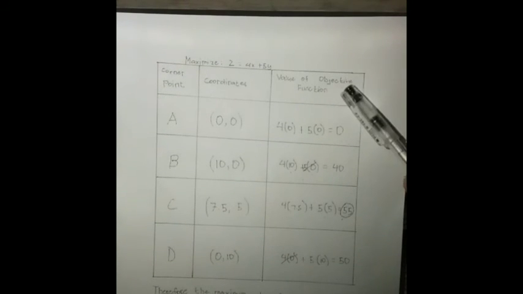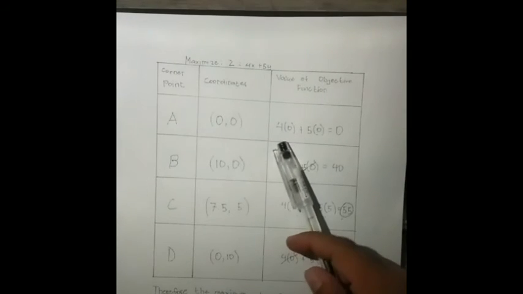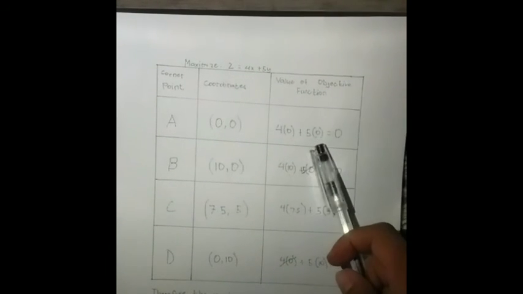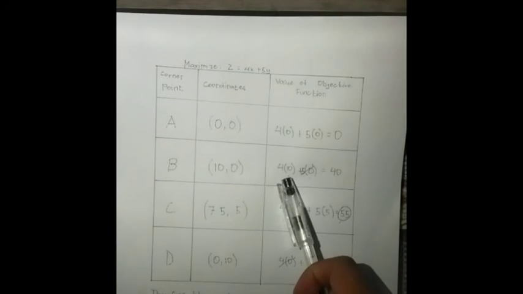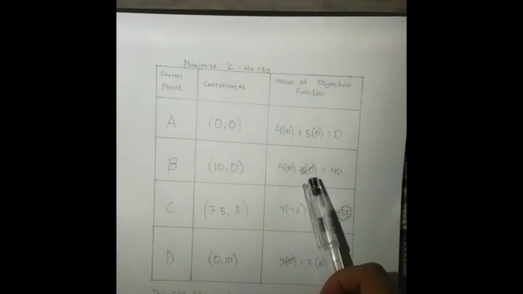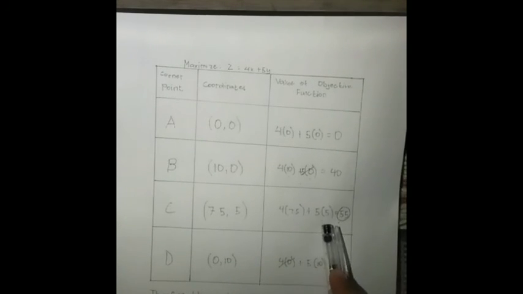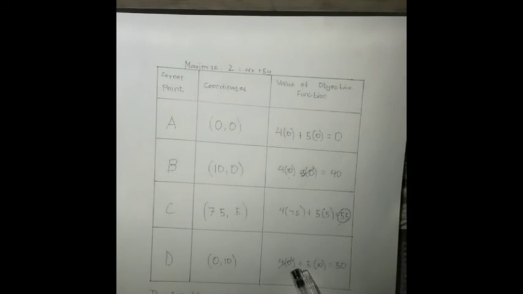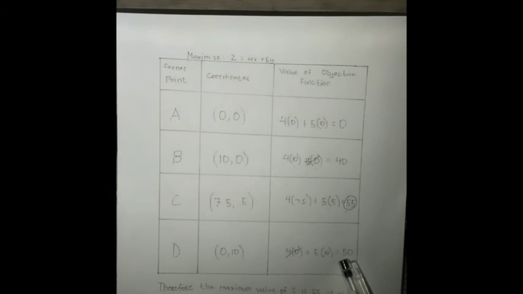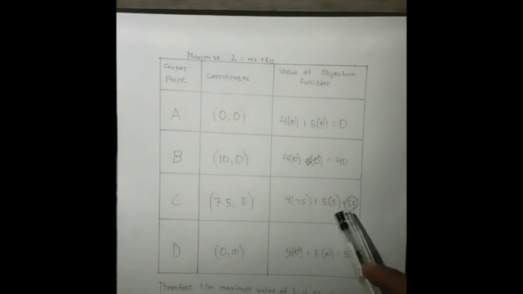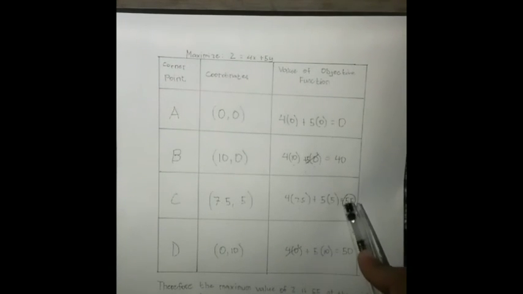Then the value of the objective function is 4 times 0 plus 5 times 0 is equal to 0. 4 times 10 plus 5 times 0 is equal to 40. 4 times 7.5 plus 5 times 5 is equal to 55. 4 times 0 plus 5 times 10 equals 50. And our maximum value of z is 55.